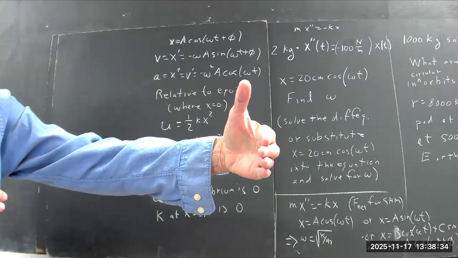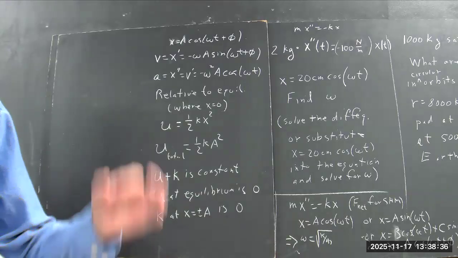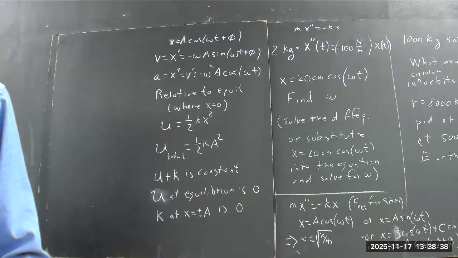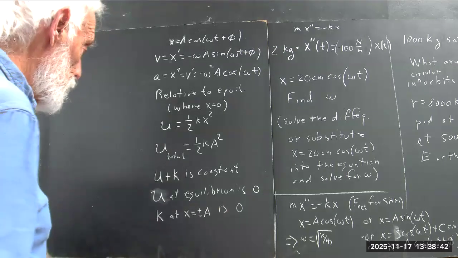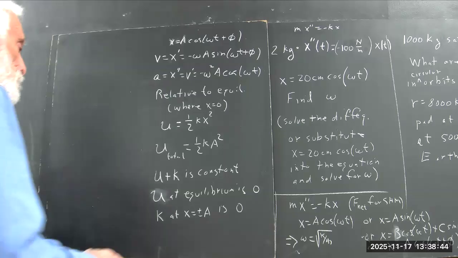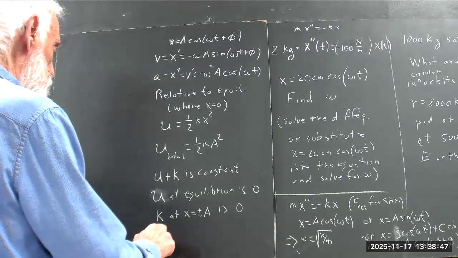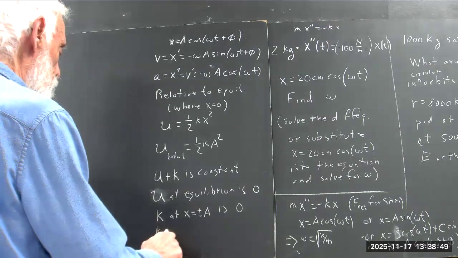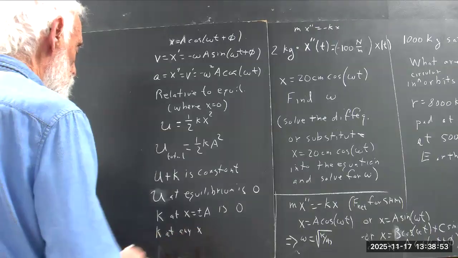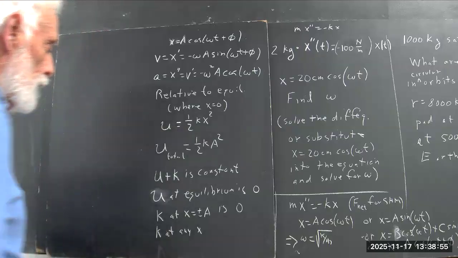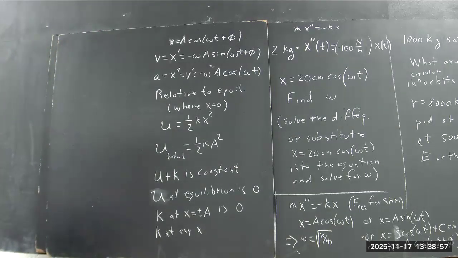What's your kinetic energy when you're at rest? It's 0, right? So kinetic energy at x equals plus or minus a is 0. Find the kinetic energy at any x.